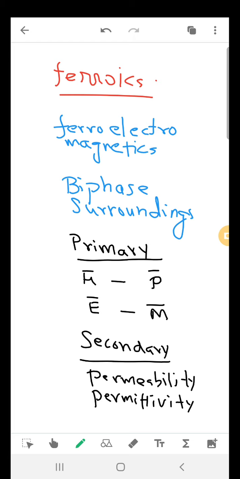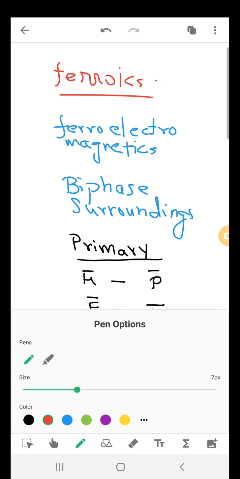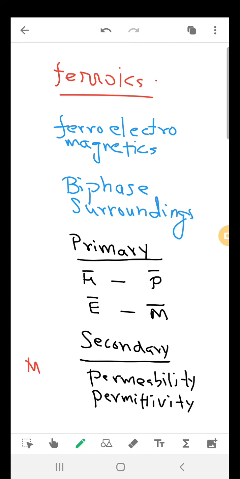Since we know that M is equal to mu H and D is equal to epsilon E, which is the displacement vector related to the polarization, there is a change in mu and epsilon associated with the secondary type of materials.